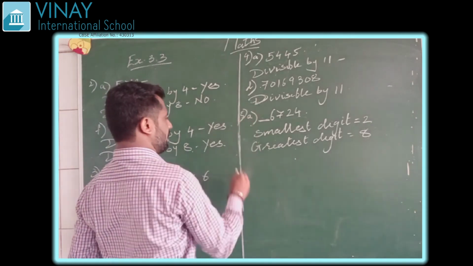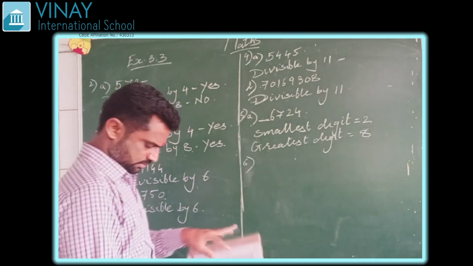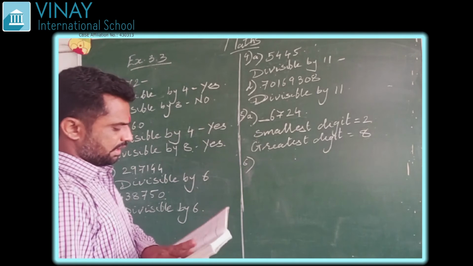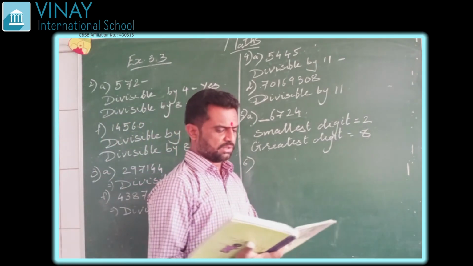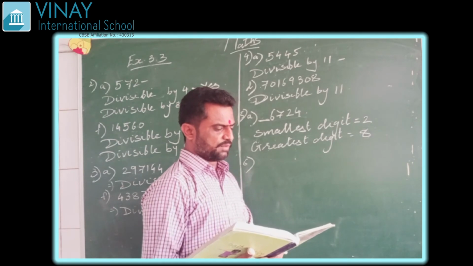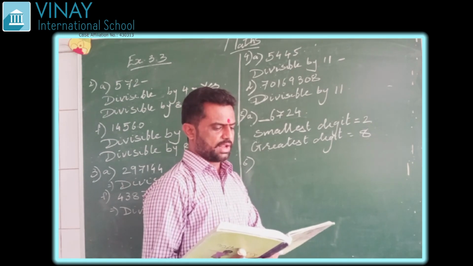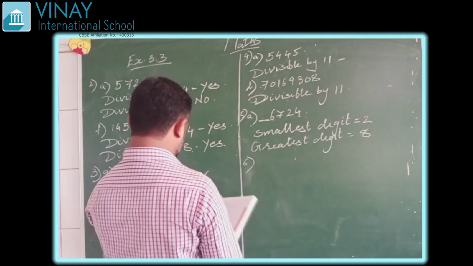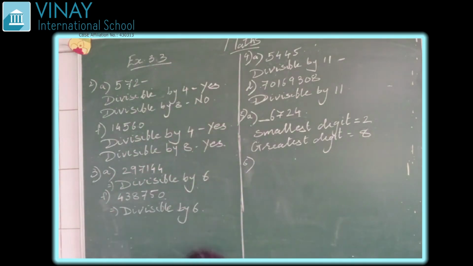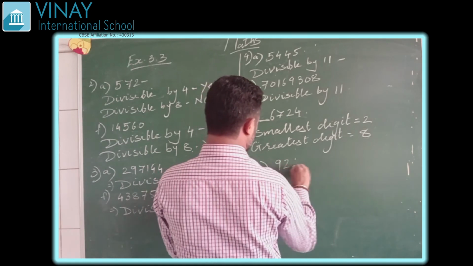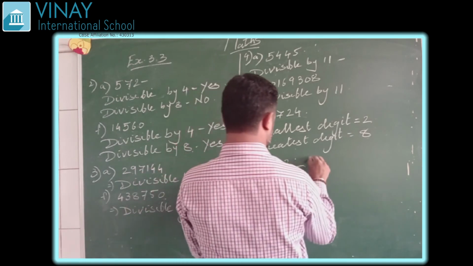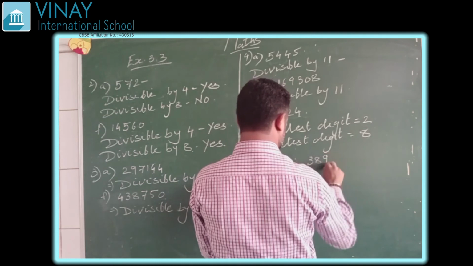This is question number 5 and now question number 6. Write a digit in the blank space of each of the following numbers so that the number formed is divisible by 11. Now here one number is given, 9, 2, then blank, then 3, 8, 9.